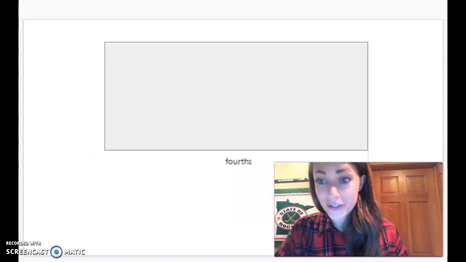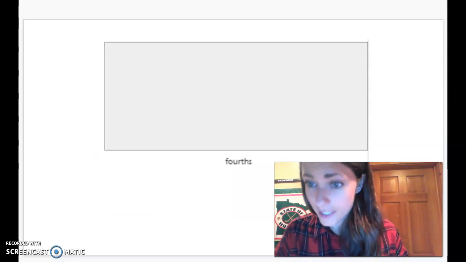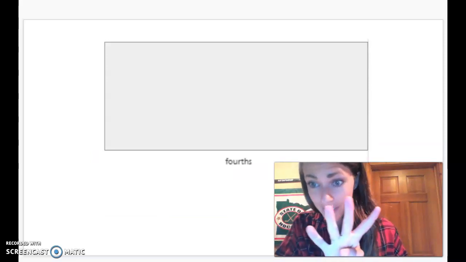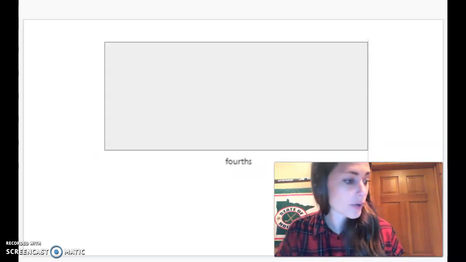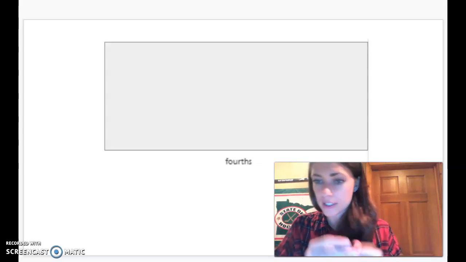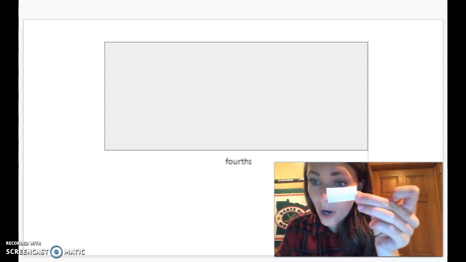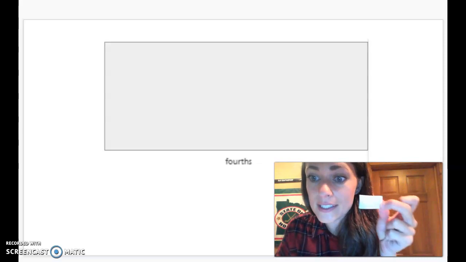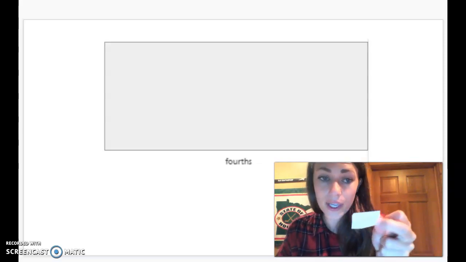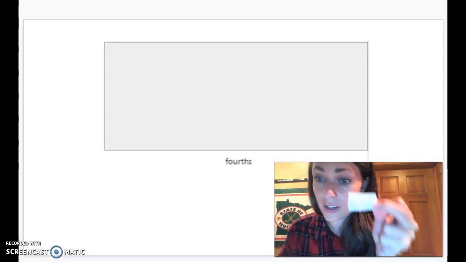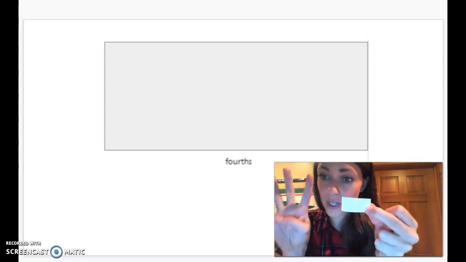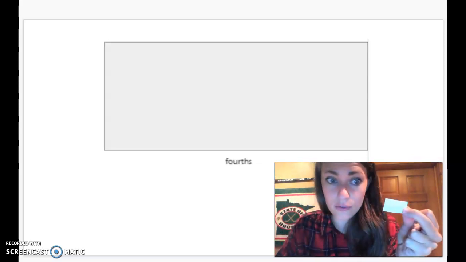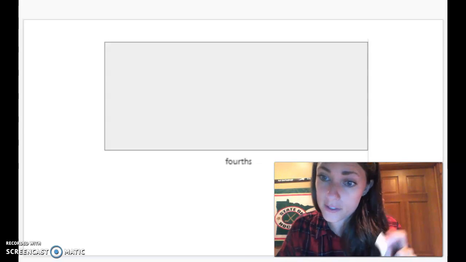Now I want you to try to partition your rectangles into 4 equal parts. Okay, so what you will do is you'll take your rectangles and you will draw on your rectangles to see different ways that you can partition your rectangle into 4 equal shares, which represents fourths.